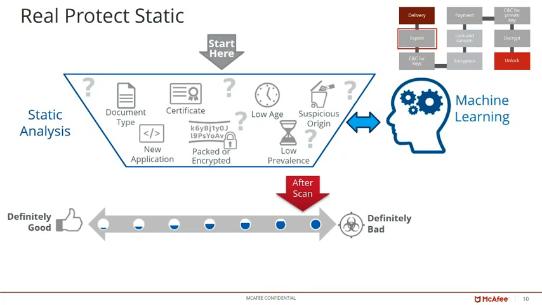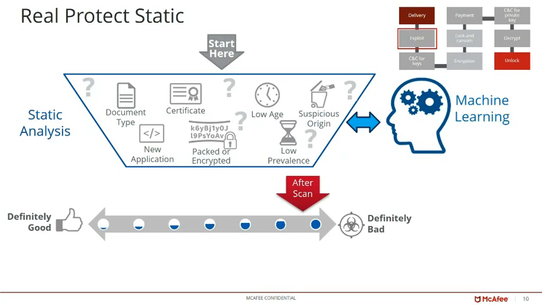Instead, it gives us a statistical estimation that something is likely to be bad. But equally, and perhaps more importantly, when it determines that something is good, again, it's only statistically likely to be good.